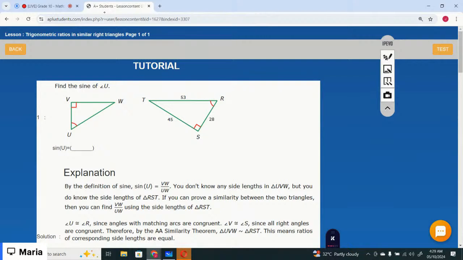Find the sine of angle U. Okay, you are given two similar triangles.